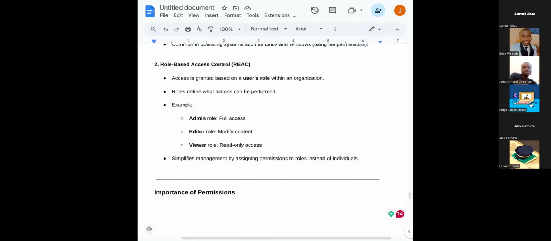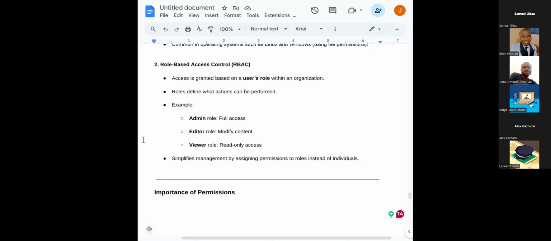The second type of permission that we have is role-based access control. And I had someone saying RBAC in the morning. So welcome to RBAC. With the role-based access control, a user is granted access dependent on the role within the organization.